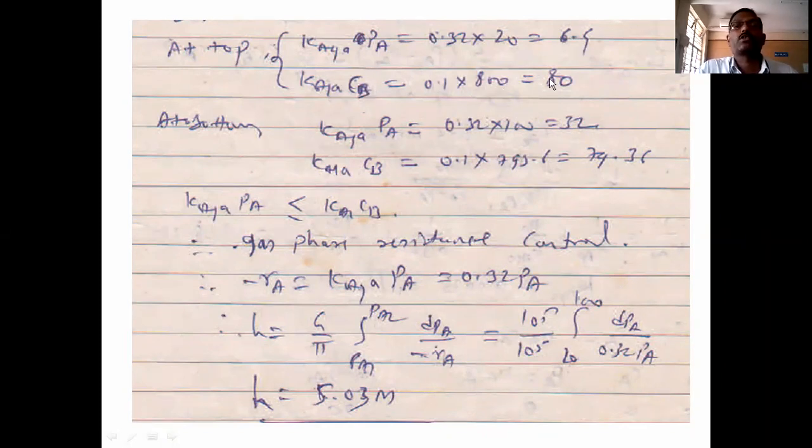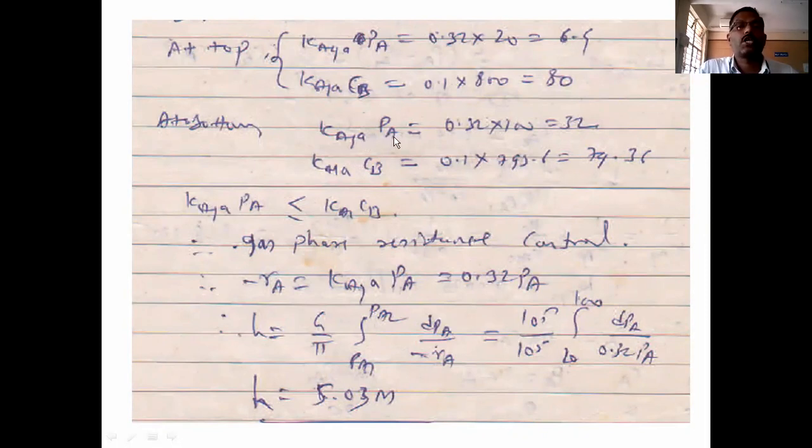This is 800. So 80. From this, what do we get? 6.4, KG into PA, is less than 80, which means CB is high. So at the top, this reaction is gas phase resistance control. Now check at the bottom of the tower.